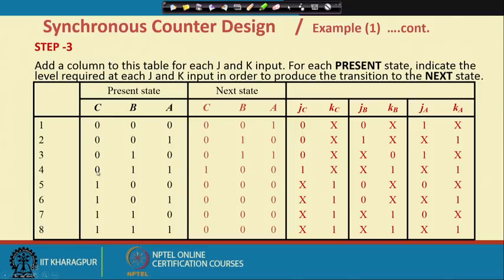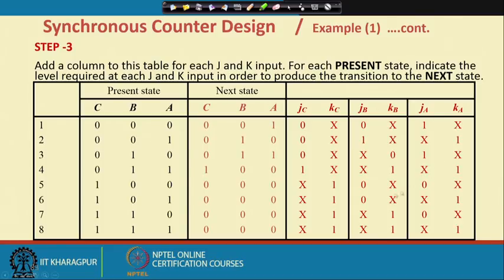At this level, we have got a 0 to 1 transition. For that J bit should be equal to 1 and K bit is do not care. Similarly, if you take any other point, say the transitions of the A bit, 0 to 1, for that the J input of the A flip flop, J A, should be equal to 1 and K input can be do not care.